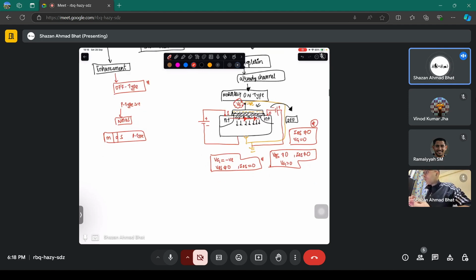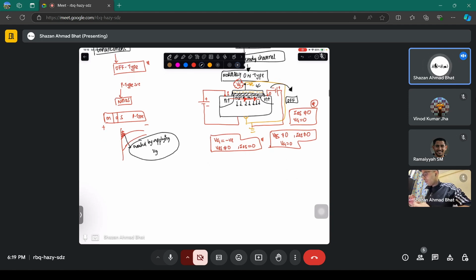You know that you have to apply certain positive voltage here and negative voltage here in order to induce the channel, in order to make the excess electrons present at this region. Okay, that you have created by applying gate voltage. They are not inherently present.